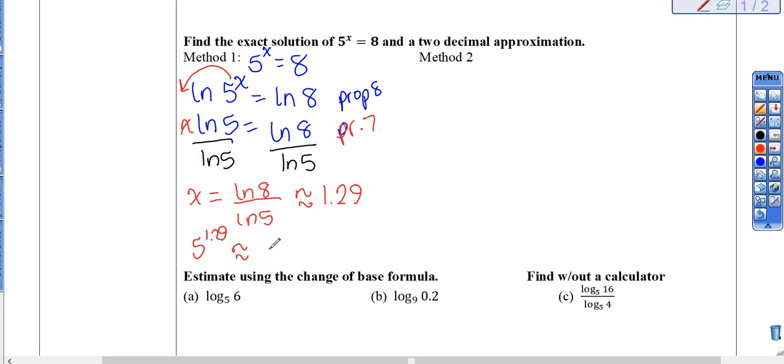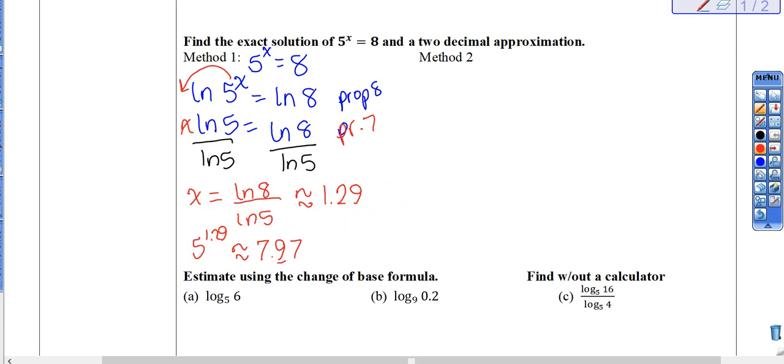You might have to round it. We did round the solution. What is it? 7.97, which rounds to 8. So that's a pretty good solution. If we went to more decimal places, we could, of course, get closer to the correct answer. So that makes sense. So that's method 1.